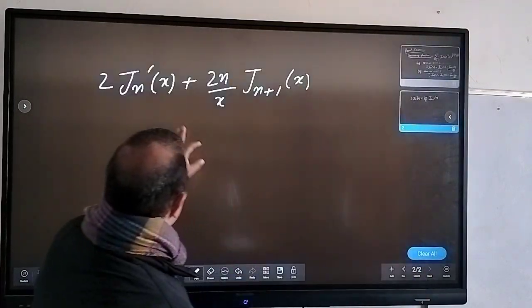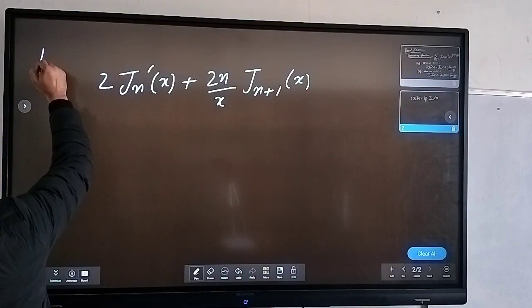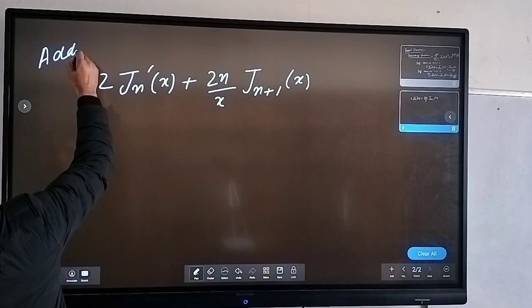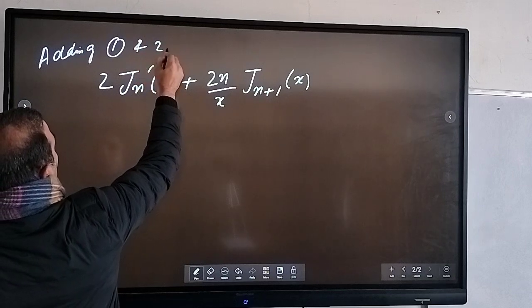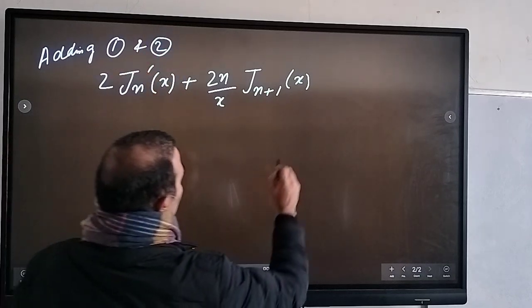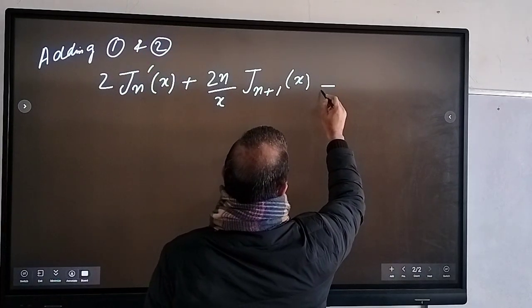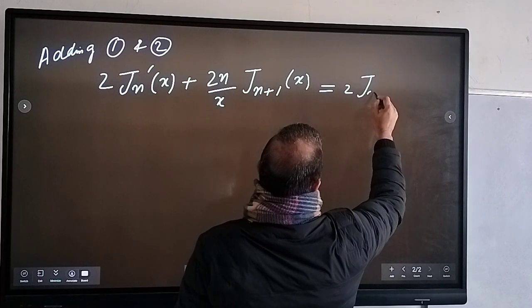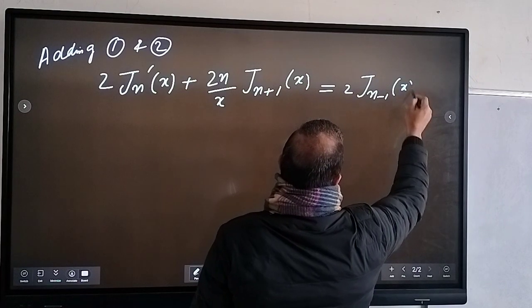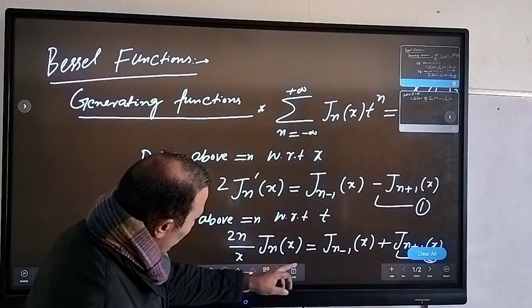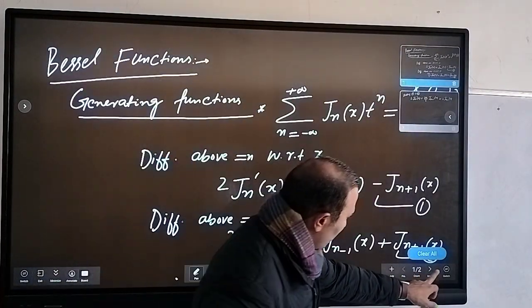So after adding first and second, this will be equal to twice J_(n-1)(x).